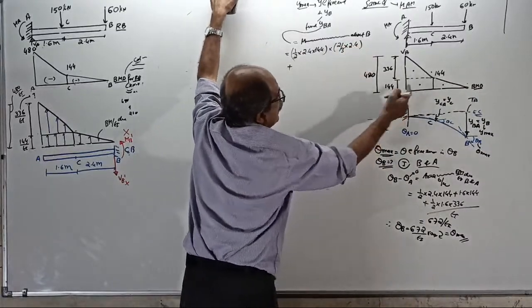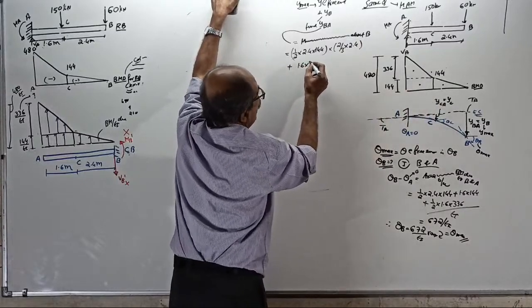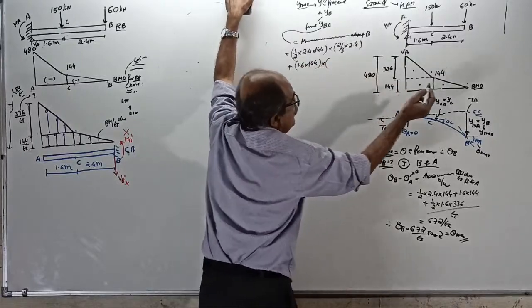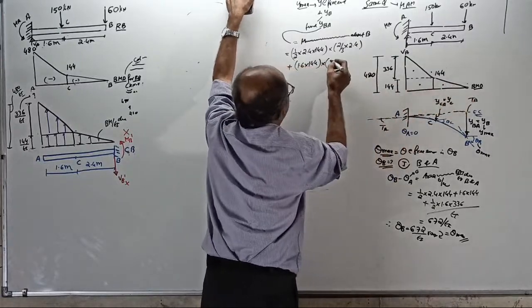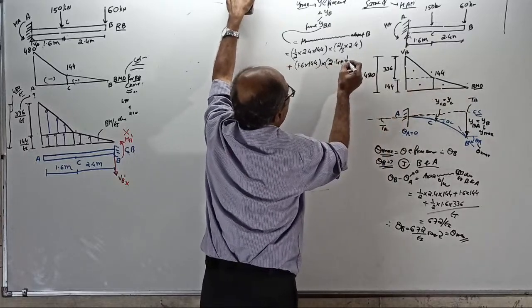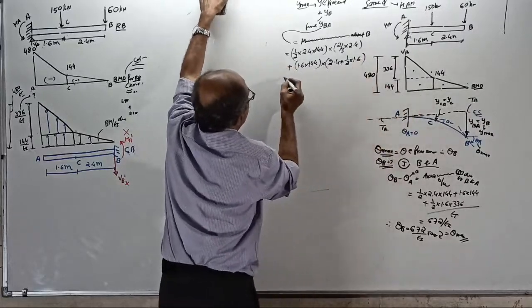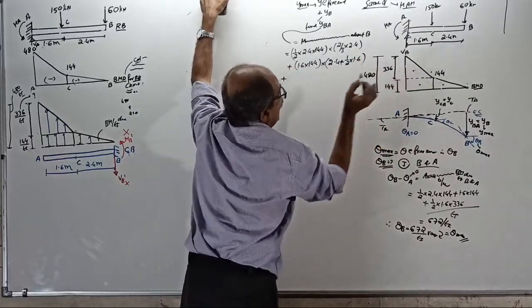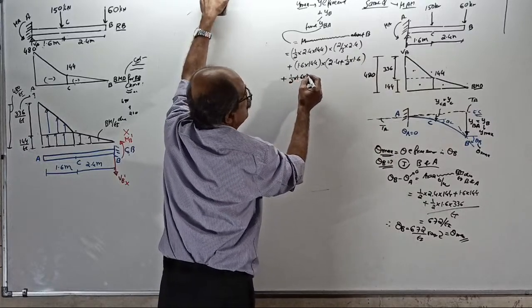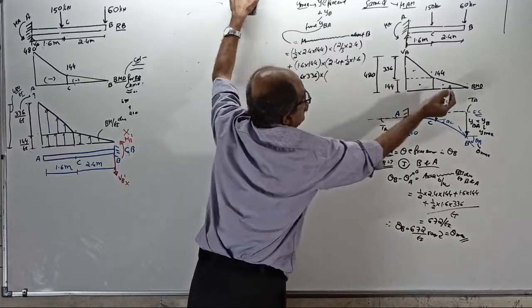Plus here 1.6 into 144 is the area, into the moment about B, which is 2.4 plus half of 1.6. Plus the moment of this triangle: half into 1.6 into 336 is the area, into the moment about this point.